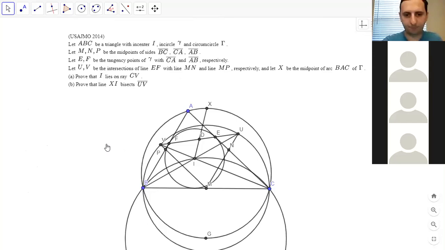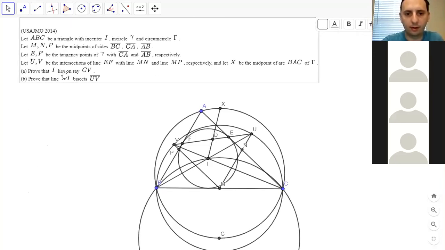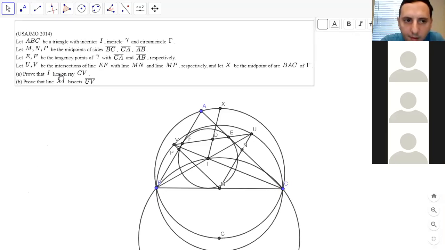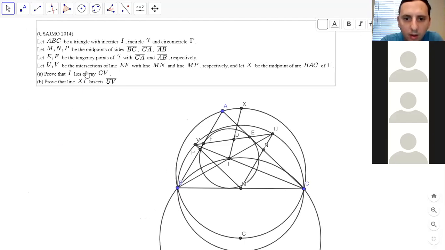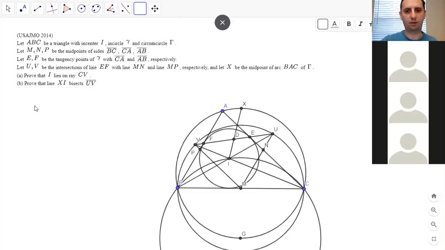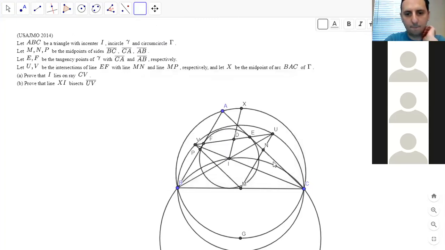So I think the way I remember to prove part A, and we did it in a previous video. But it's supposed to be just an angle chase, right? I forget exactly how.